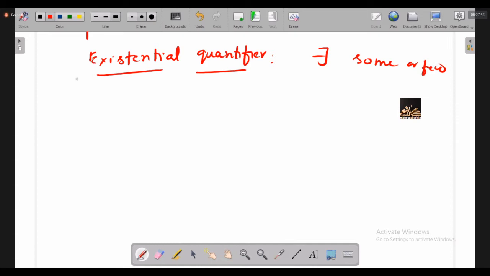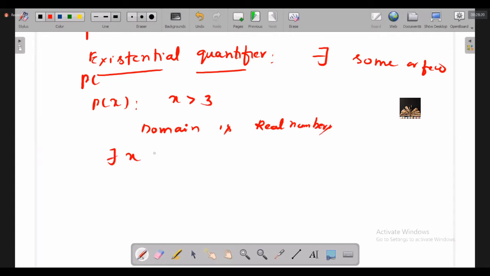See one example. P of x: x greater than 3. The domain is real numbers. There exists x, P of x.